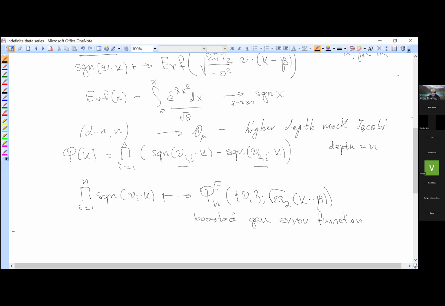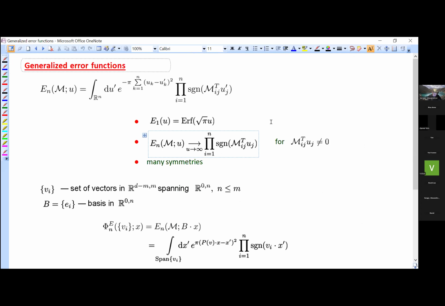So what are these things? Well, as follows from the name, they're just generalizations of the error function. Here I prepared a slide where I introduced this object. To be fair, the concrete form of these functions is not important, so let me go very, very quickly through these definitions.